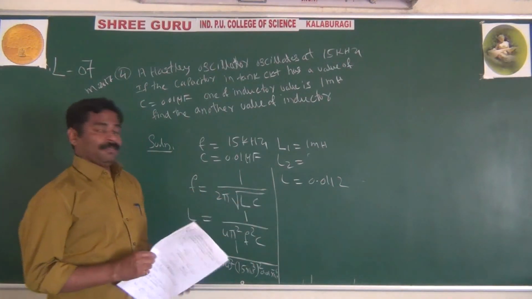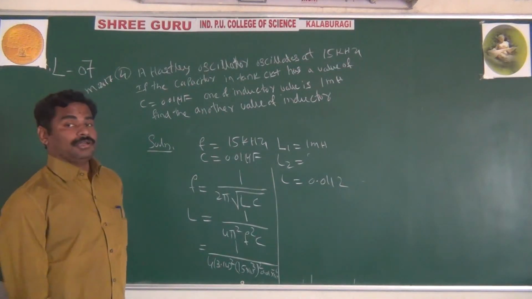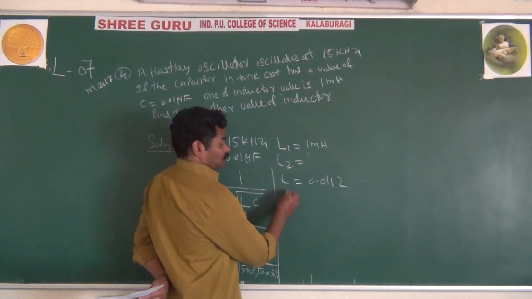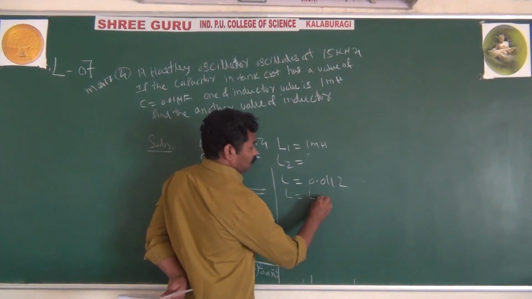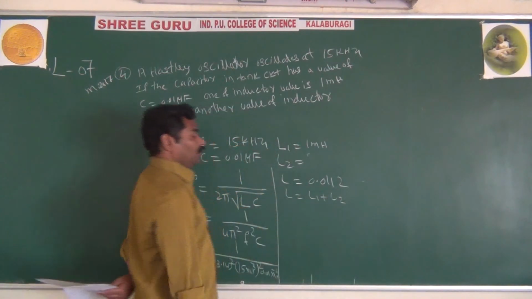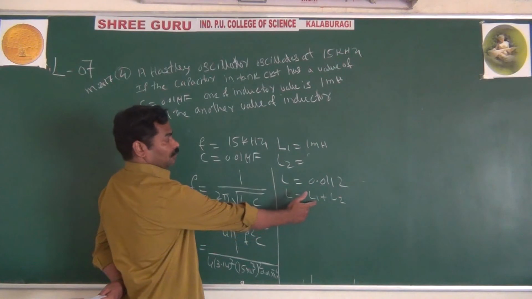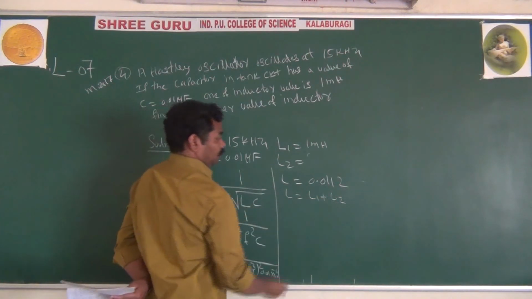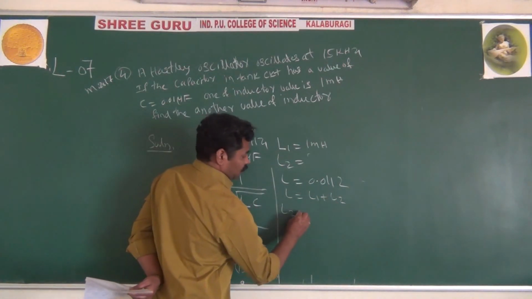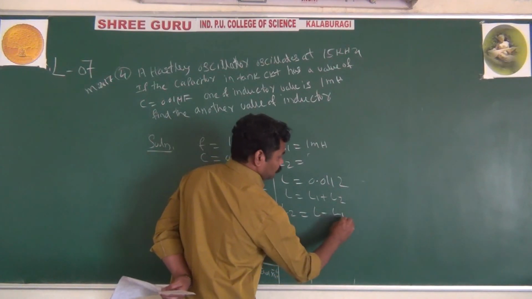And actually, as I said, in your Hartley oscillator there are two inductors. L is equal to L1 plus L2. They have given L1, but what about L2? It is nothing but L2 equal to L minus L1.